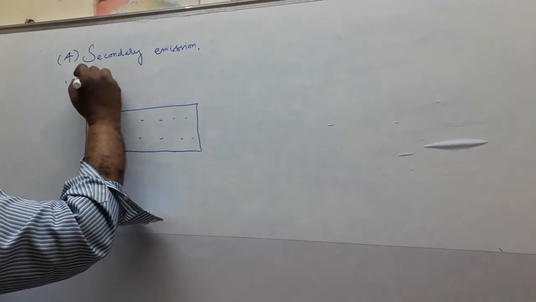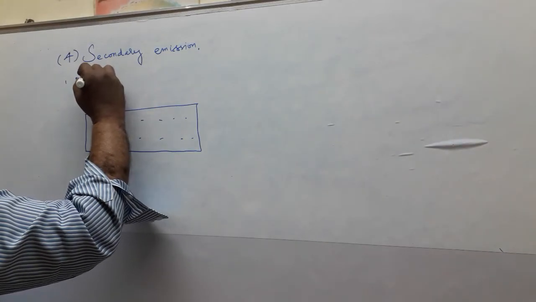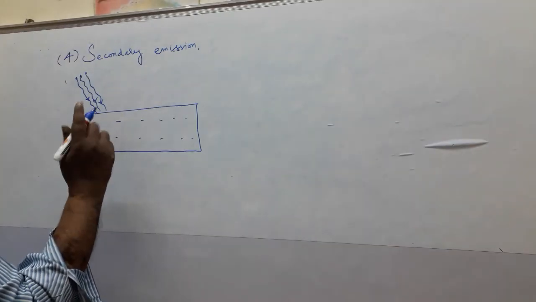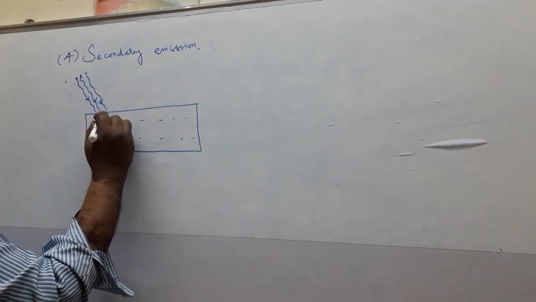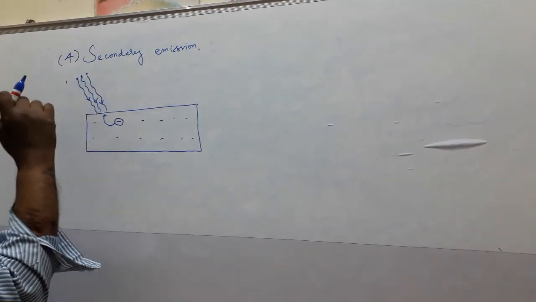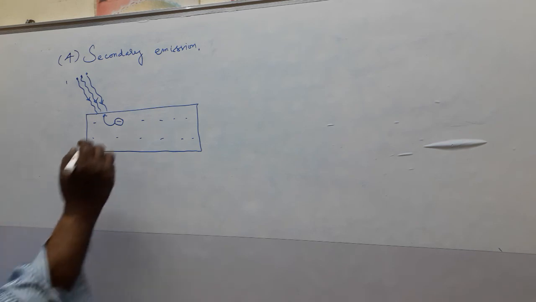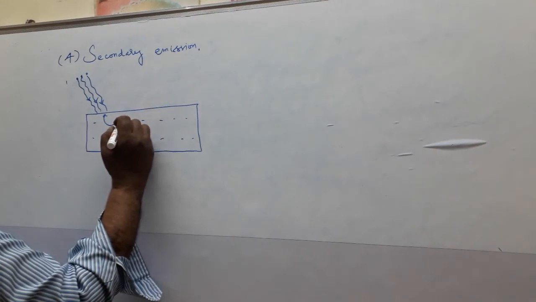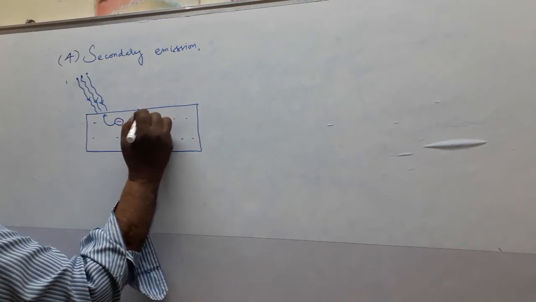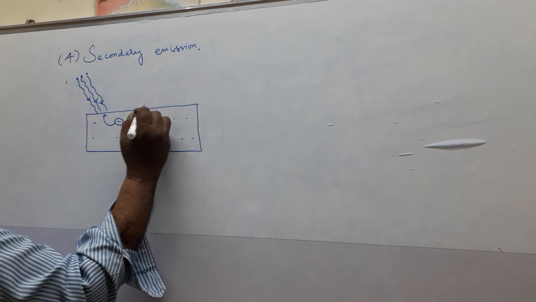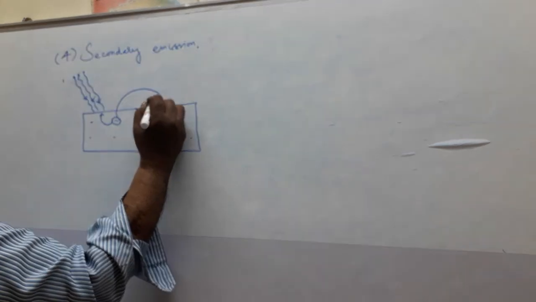Such a ray or beam of high energetic electrons, whenever it hits the surface, the electrons in the metal gain energy from the incident accelerated electron beam, so they gain sufficient energy and break down the surface barrier and come outside.